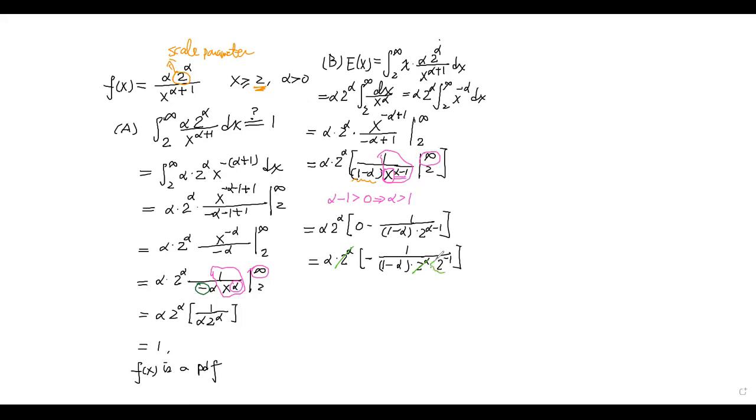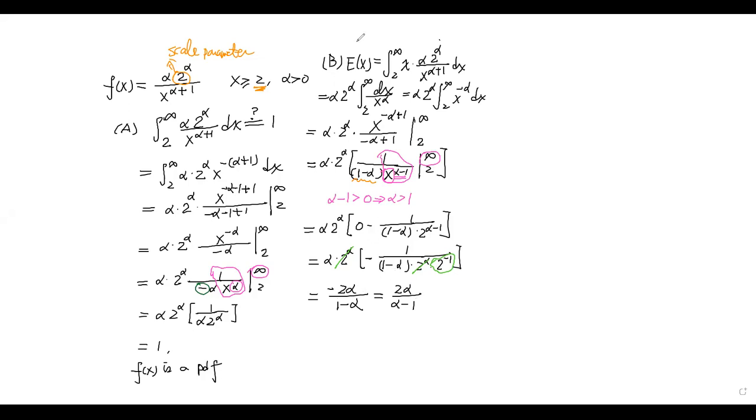Then this 2 to the negative 1, you can flip it and it will become 2. So the answer will be, oh, I forgot the negative: negative 2 alpha over 1 minus alpha, or you can switch it, so it's 2 alpha over alpha minus 1.